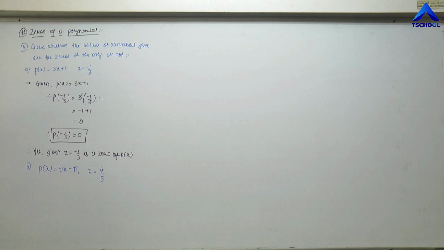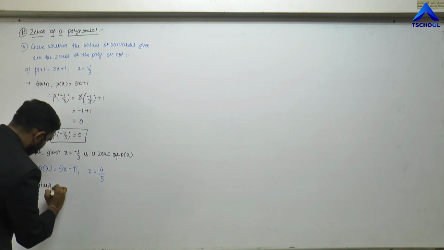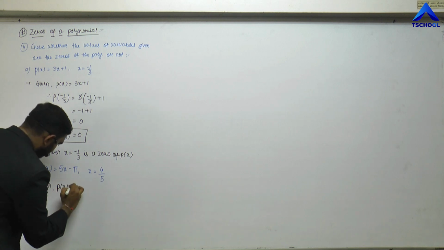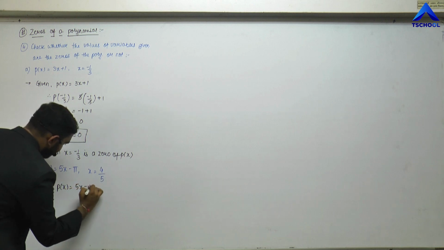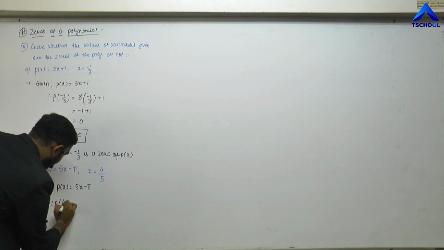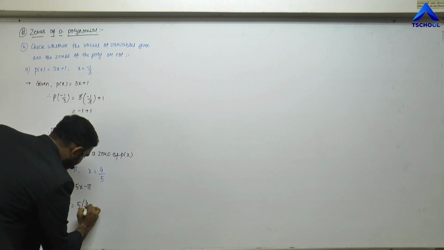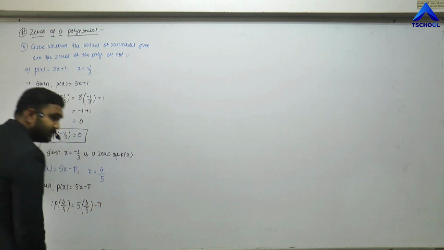So again, let us start with the same process, that given p of x is equals to 5x minus pi, therefore p of 4 upon 5, that is 5 into 4 upon 5 minus pi.